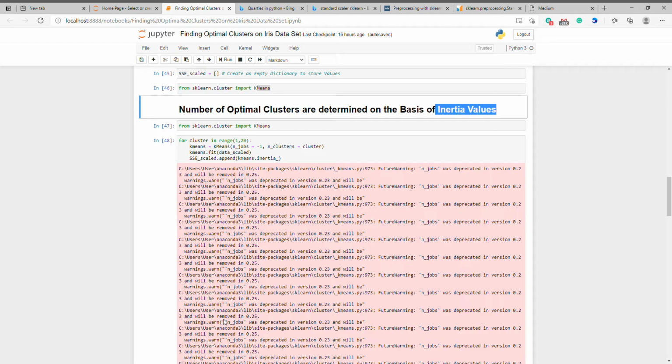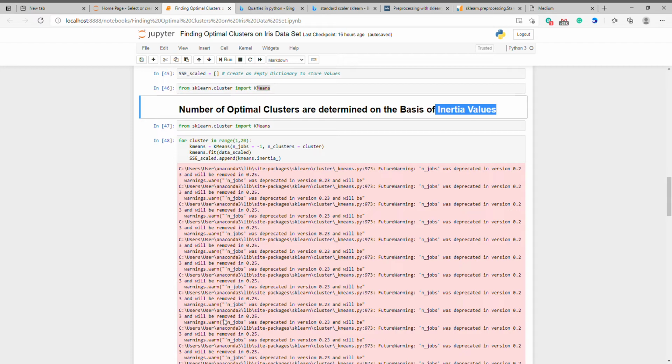I have to find the distance between the centroid and the data points in that cluster. That distance is known as inertia. The distance between the centroid and the data points in that cluster is known as inertia.